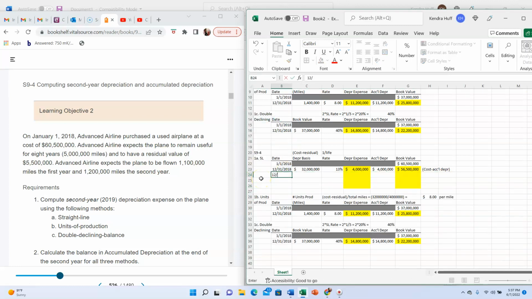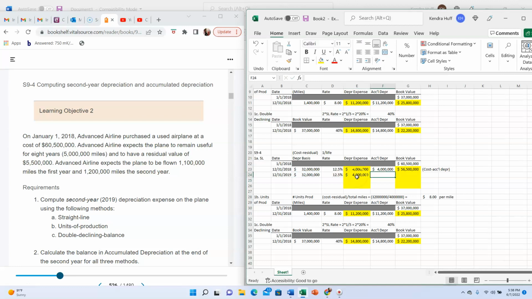All right, so the next year it's 12/31/2019. All right, our depreciable basis is still 32,000, or million. Our rate is still 1 divided by 8. And you know what? I'm going to give this a couple extra decimals because I prefer the 12.5. All right, so then you multiply it out.